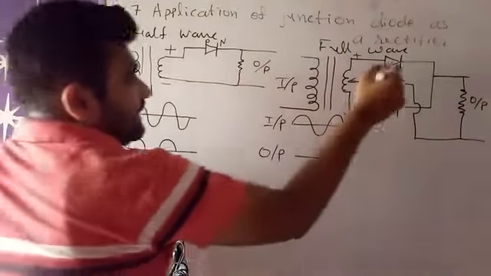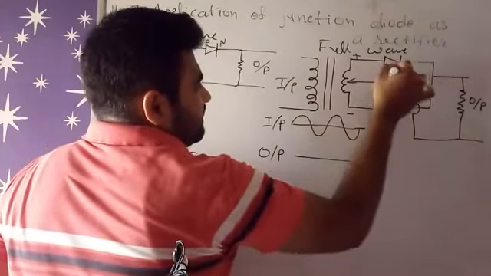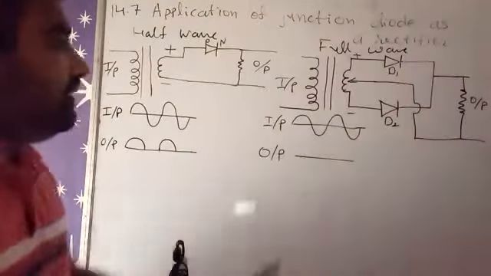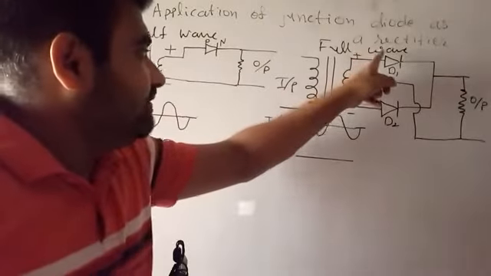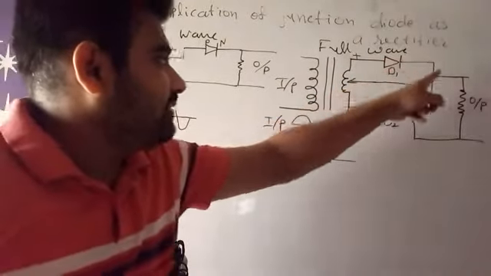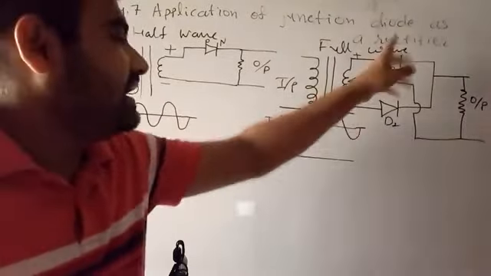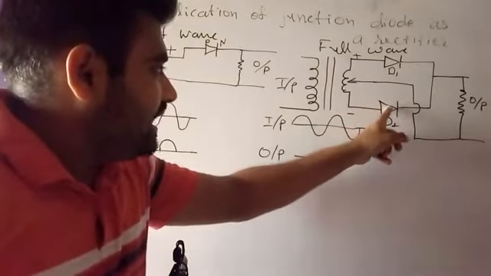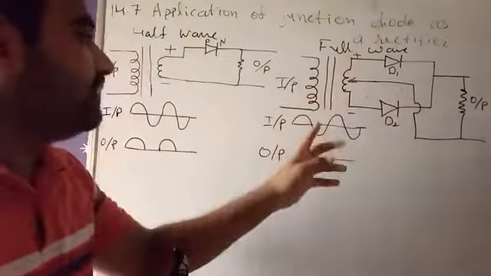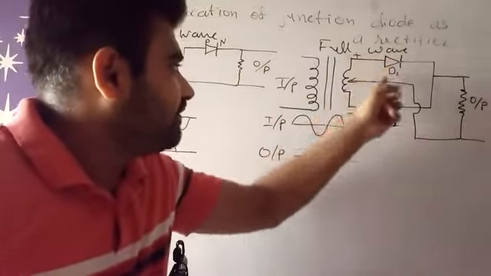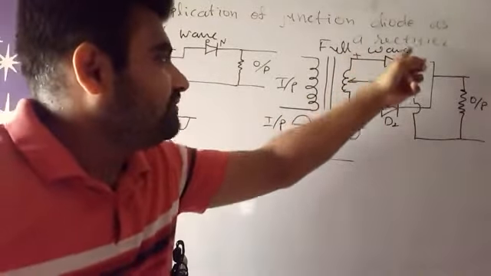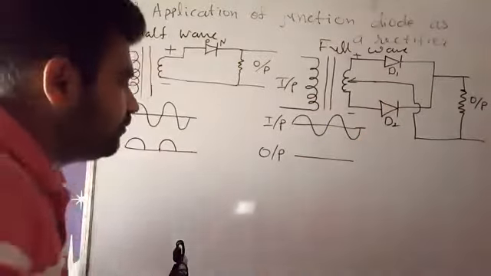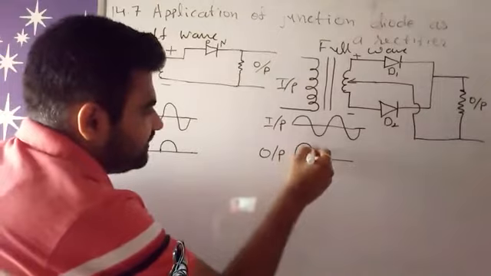If I name this diode D1 and this diode D2, positive connects with the P type of D1 and negative connects with the N type, while in D2 negative connects with the P type and positive with the N type. So D2 is in reverse bias and D1 is in forward bias. Because of the forward bias of D1, we are getting some signal as output, positive.